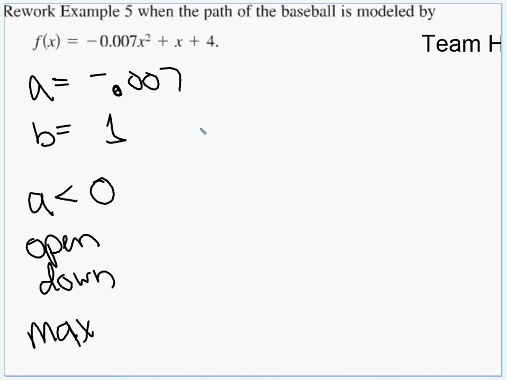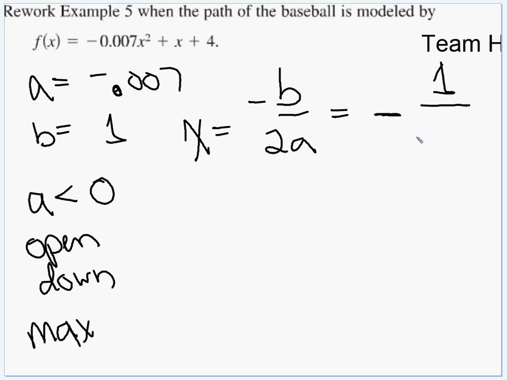So where does this max occur? At x equals negative b divided by 2a. Our b value is 1. And down in the denominator, 2 times a, our a value is negative 0.007. Just like in the example, this negative and this negative will multiply to a positive.